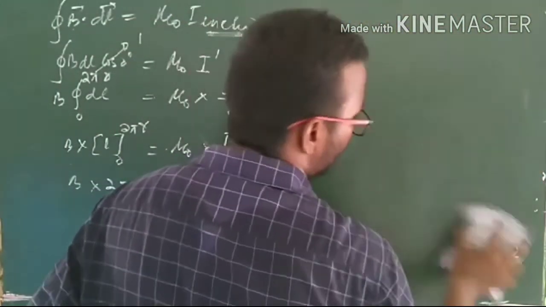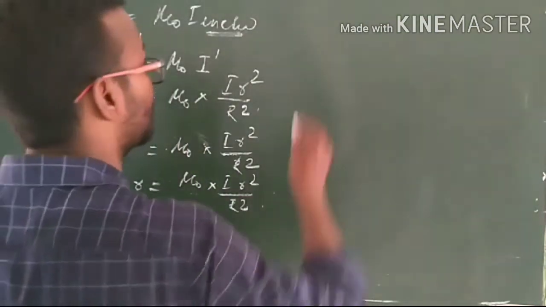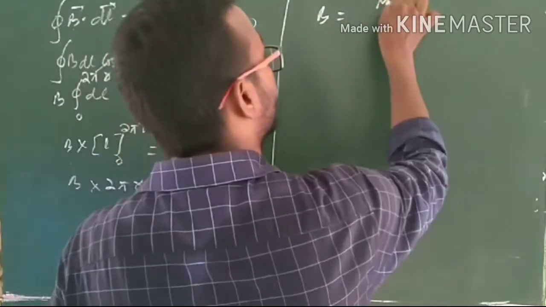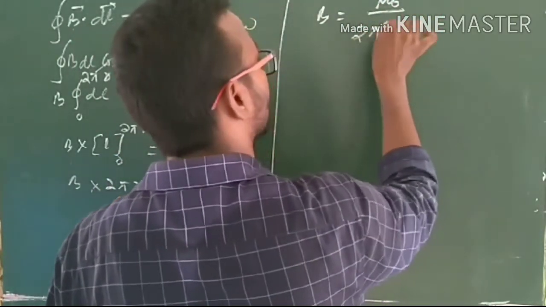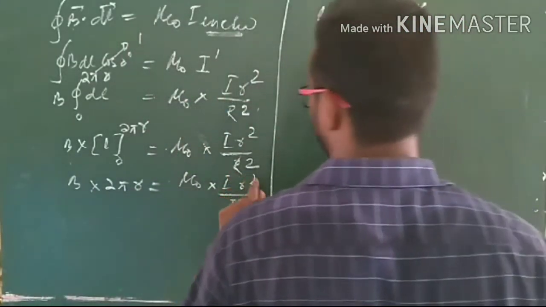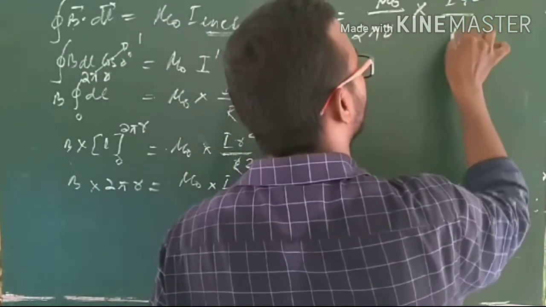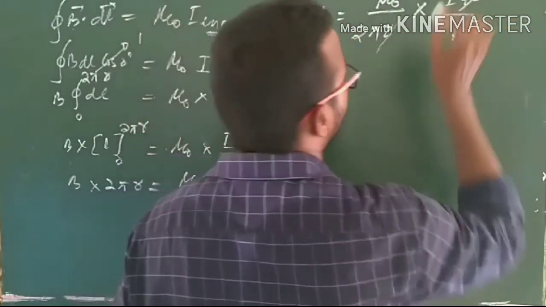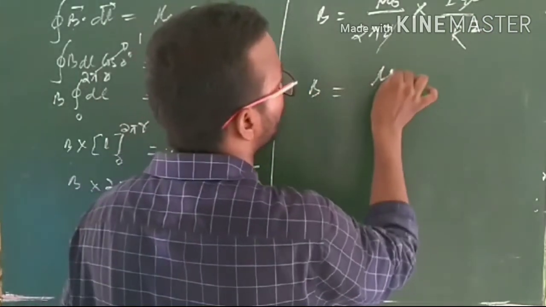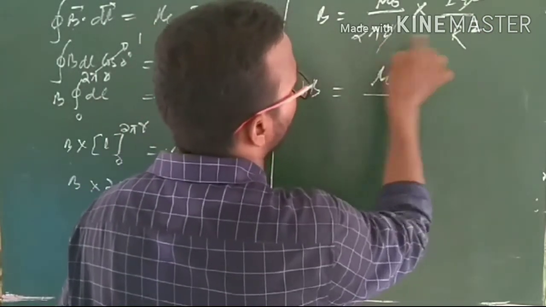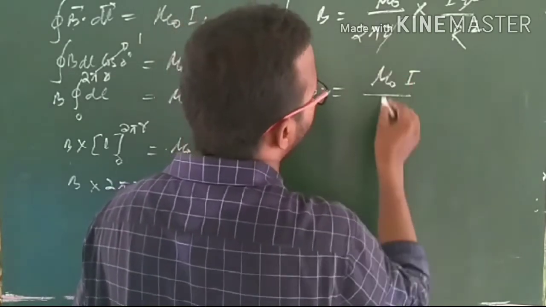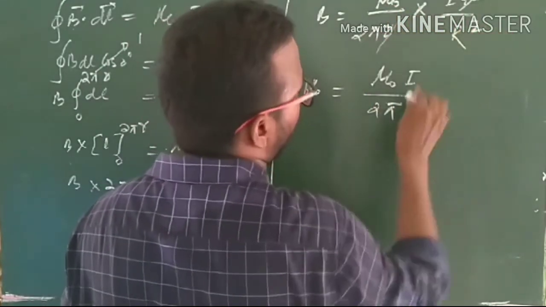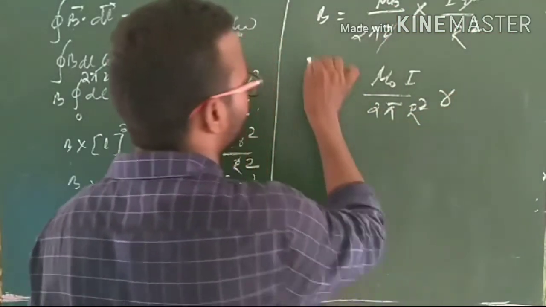Now the above relation turns to B equals mu naught by 2 pi r into I r square by capital R square. Clear? So one r cancels, and B equals mu naught I by 2 pi R square into r.